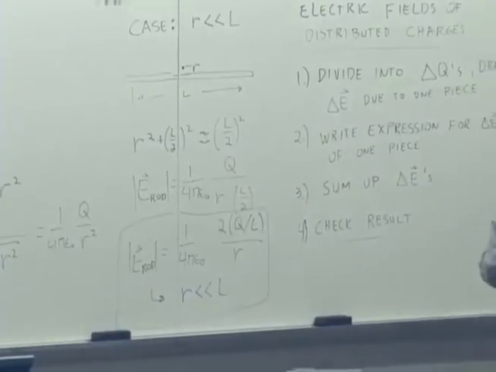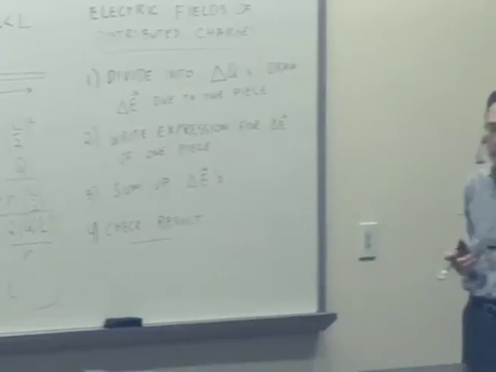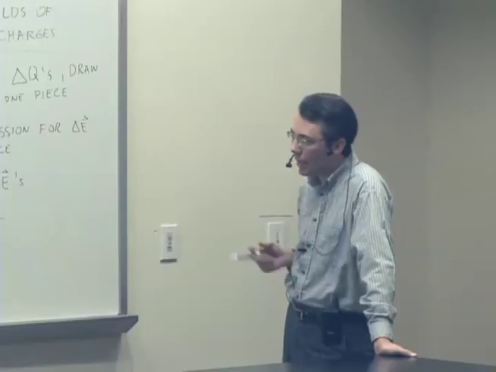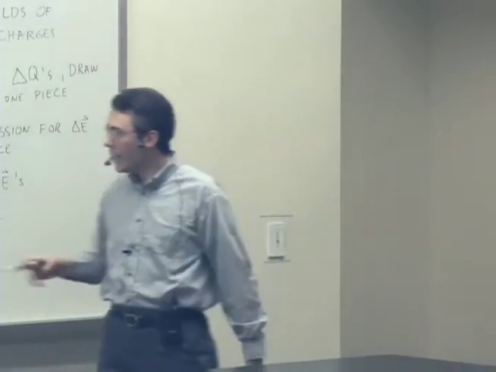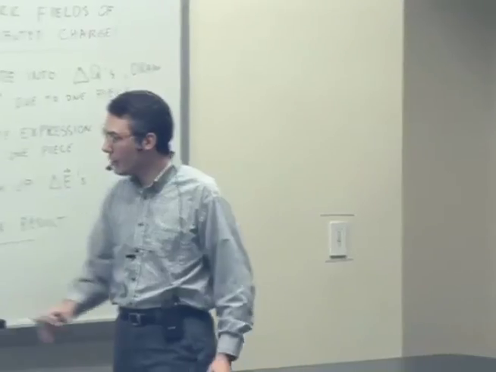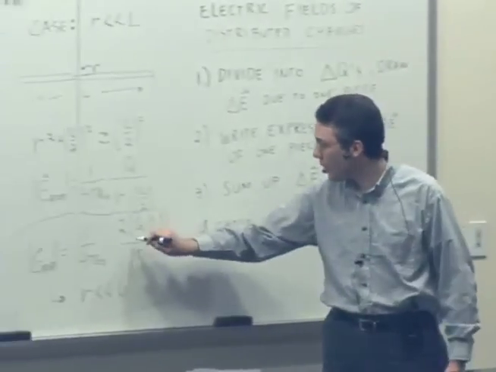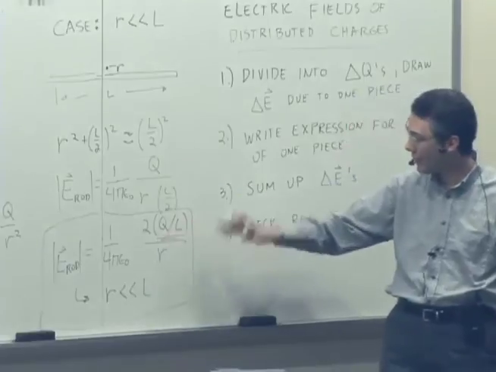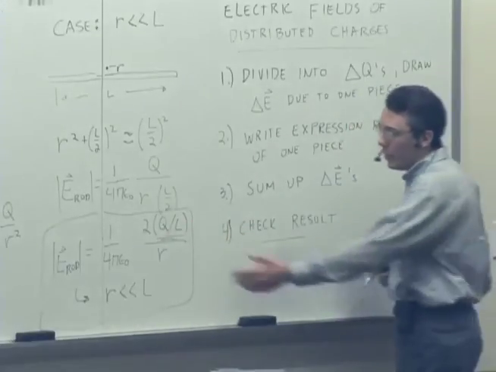If you have a very, very long, thin charged rod and your observation location is close to this charged rod, then it becomes a much simpler expression. And notice the distance dependence. First of all, in the numerator, we have constants, right? We have a charge per unit length. The length stays constant. We have the constant out front.